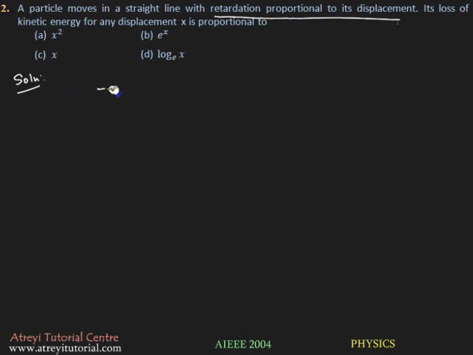So retardation we will write as minus dv by dt, the minus of the rate of change of velocity, which is proportional to the displacement x. We will take the proportionality constant k, so it will be kx, and the minus we put here. So minus dv by dt equals kx, so dv by dt would be minus kx.